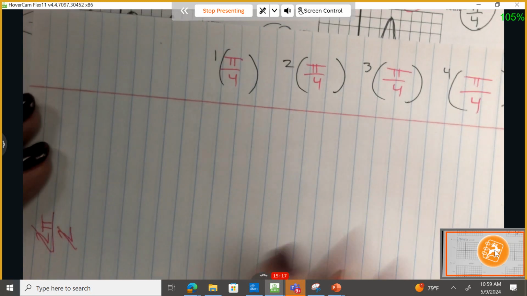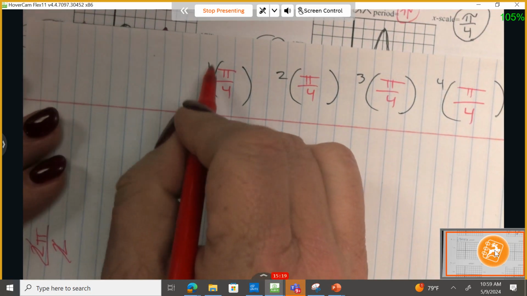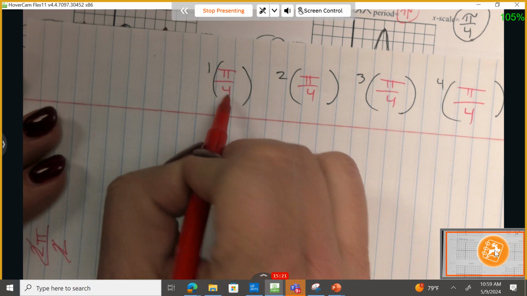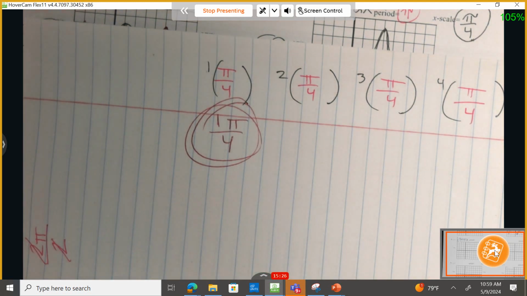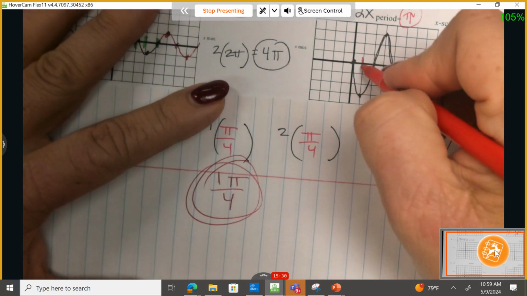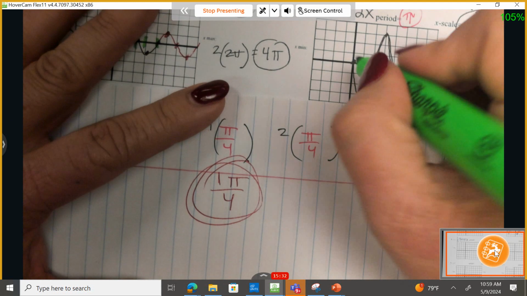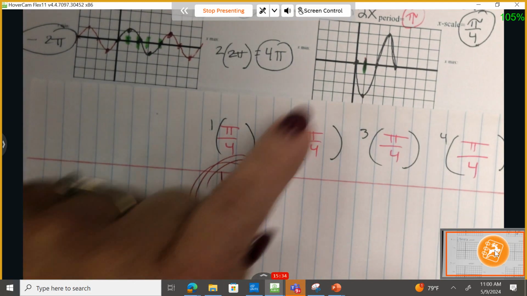So here we go. In this position here, when I simplify, I have 1 times pi divided by 4. Well, there's nothing more I can do. 1 pi over 4. Now, that's step 1. So just so everybody knows, at this position right here, this little ticker, I'll use a highlighter. This is 1 pi over 4 on the x-axis.